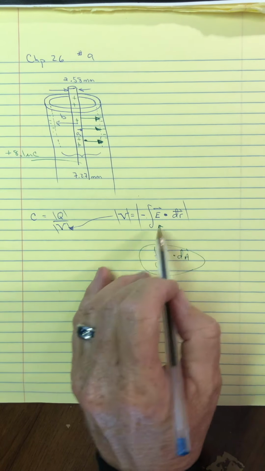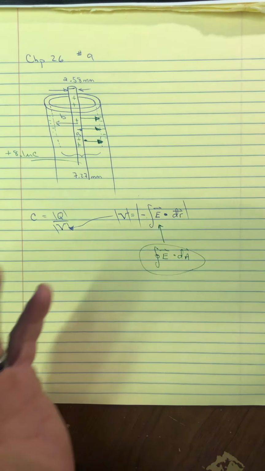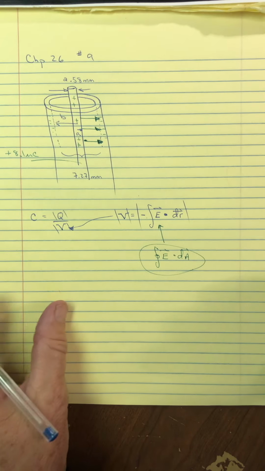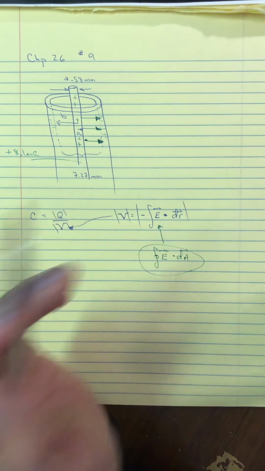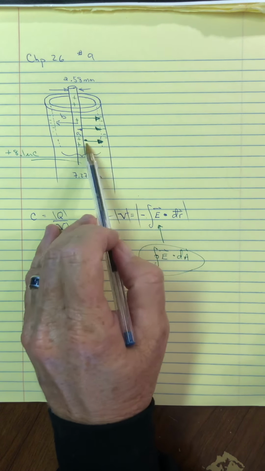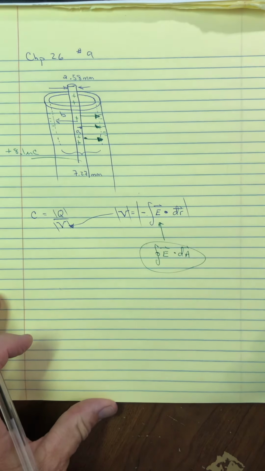So I won't pay much attention to whether this integral comes out positive or negative. Maybe I'll just do it in such a way that it is positive, or just drop a negative. I'll probably just go from inner to outer, so that'd be a decrease in potential. So that'll come out to be negative, and then I'll just drop the negative.